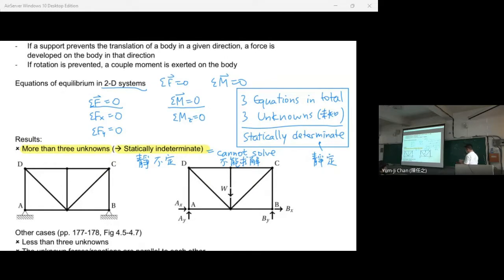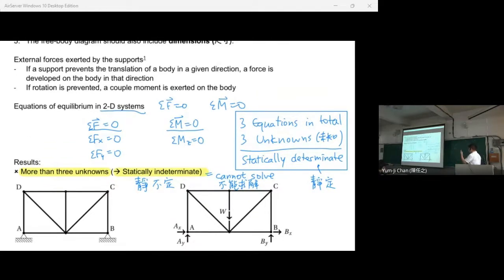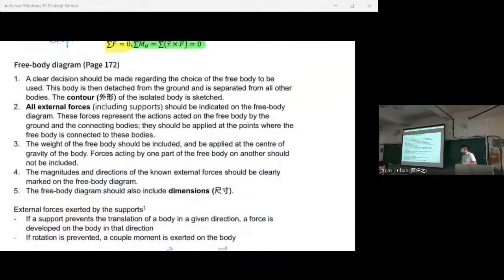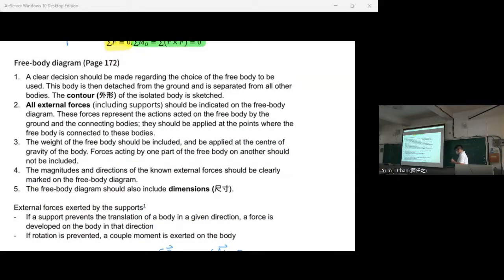Let's go back to the page above and talk about free body diagrams. It is very important to have a free body diagram before you do the mathematics.